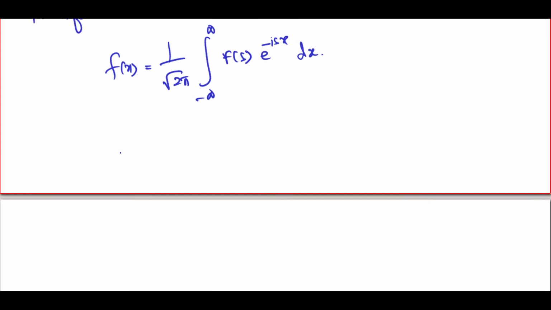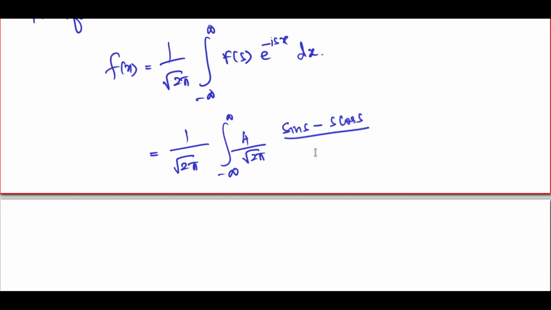Now because of this, we can write this as equal to 1 divided by square root of 2 pi into the integral from minus infinity to infinity of 4 divided by square root of 2 pi into sin s minus s cos s divided by s cube, right?